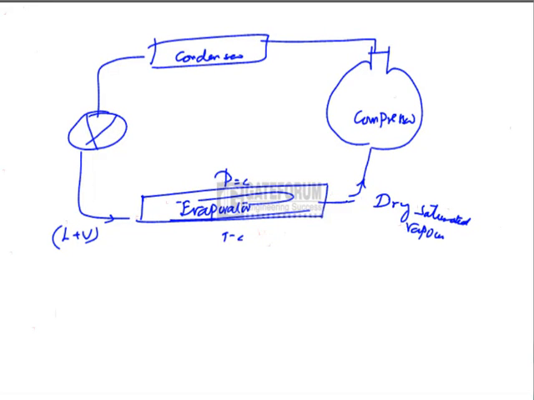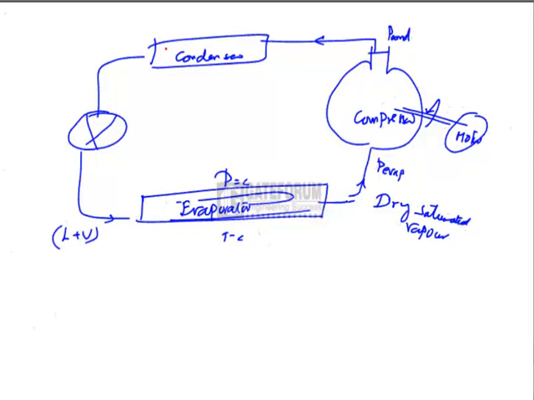That is the state of the refrigerant leaving the evaporator. A motor does work required for the compression of the refrigerant vapor from evaporator pressure to the condenser pressure. This is the pressure at evaporator, it enters, and pressure at condenser, the refrigerant leaves.